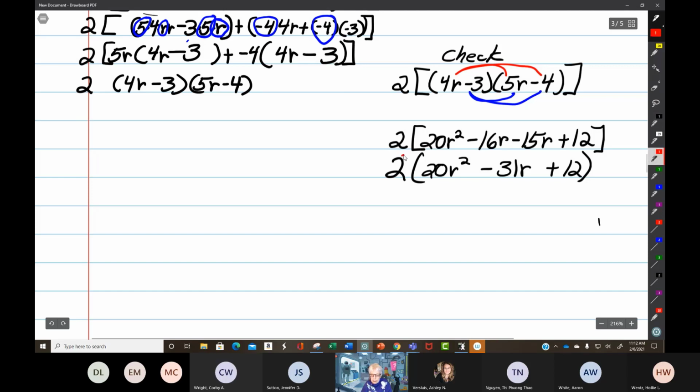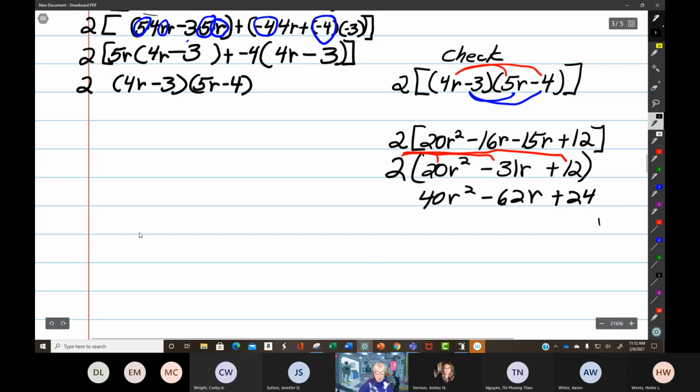Now I distribute, or multiply, the 2 times all 3 terms in parentheses. I'll have 40R squared minus 62R plus 24.